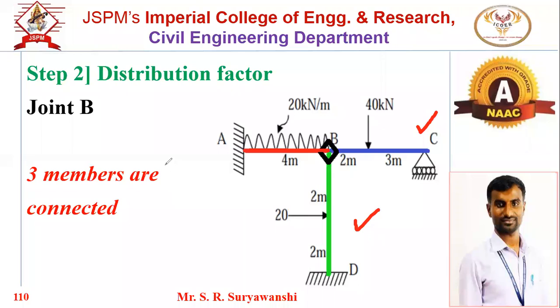Now tell me, what is the relative stiffness for the BA member? For the BA member, the far end A is fixed. The relative stiffness is I by L. Yes, BA is I by L. Good.